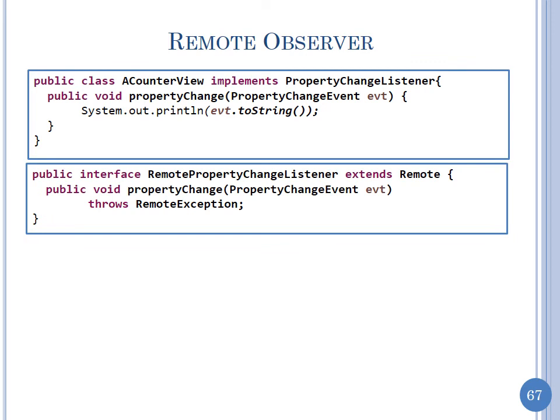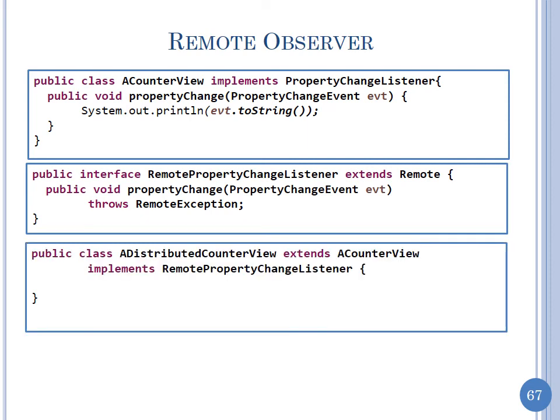So now, as David suggested, for a callback I need to create a remote interface at the client end also. So I'll create a remote property change listener that extends remote. Okay, and I will have the same method that I had in property change listener, except that it now will say that it throws remote exception. Okay, this allows my call to go the other way also.